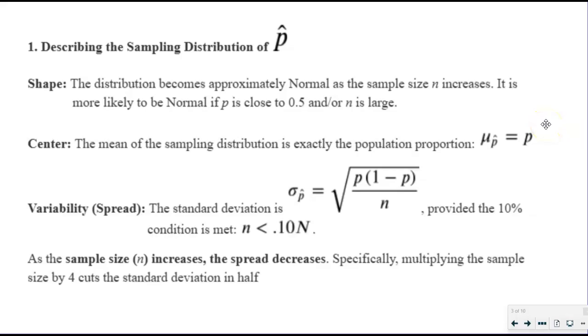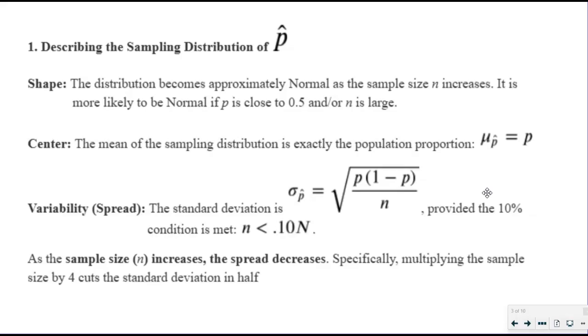Now, we can also measure it by looking at the variability of the sampling distribution. The standard deviation of the sample proportion, p hat, is the square root of the population proportion, or what we assume it to be, times 1 minus p, over n, provided that our 10% condition is met. We're going to talk about that in a second.